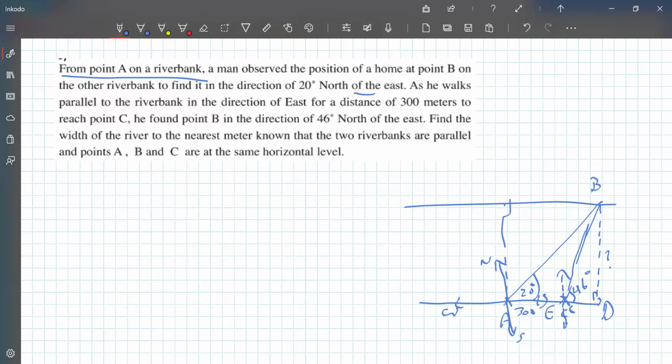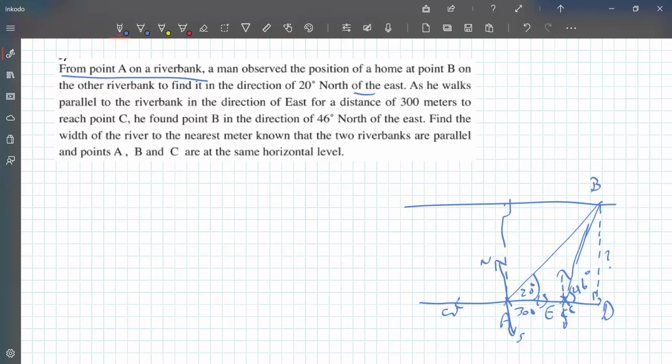But the triangle that has one side length is triangle BCA or ABC. So at first we must use this triangle to find BC, and then use triangle BCD to find BD. The same idea of the previous problem.